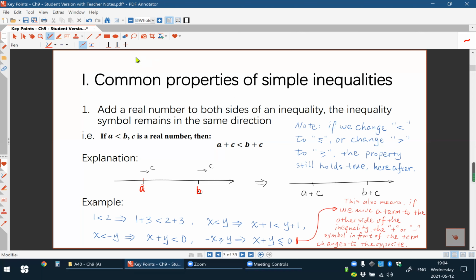For example, if we have x plus 2 is greater than minus y, then if you move minus y to the left-hand side of the inequality, then we will have x plus 2 plus y is greater than 0, right? If you move any term to the other side of the inequality, the sign in front of it changes to the opposite. Okay? Any questions regarding the first property?